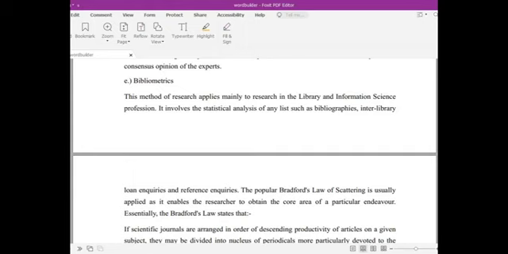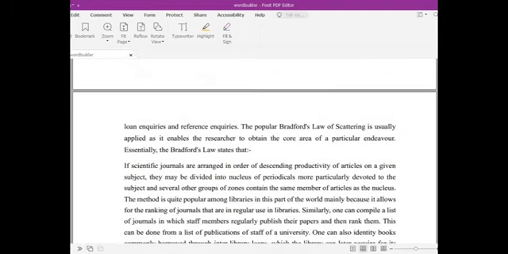The popular Bradford's law of scattering is usually applied as it enables the researcher to obtain the core area of a particular endeavor. Now, what does this Bradford's law state? It says that if scientific journals are arranged in order of descending productivity of articles on a given subject, they may be divided into a nucleus of periodicals more particularly devoted to the subject, and several other groups or zones containing the same number of articles as the nucleus.